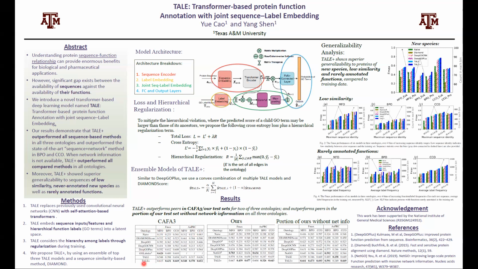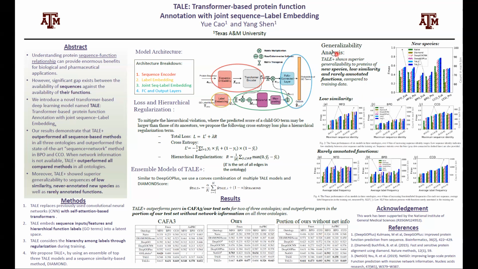And on MFO, TAIL Plus reached the second best next to GOLabeler. And on our dataset, you can see here, we can reach similar conclusions. And finally, on the portion of our dataset without network info, we can see TAIL Plus reached state of the art compared to all its competitors, and in all three ontologies.